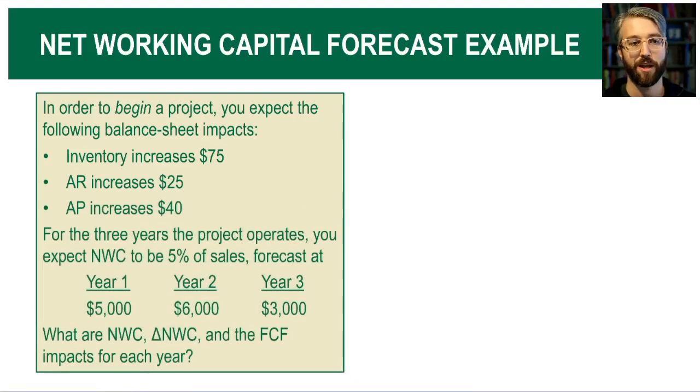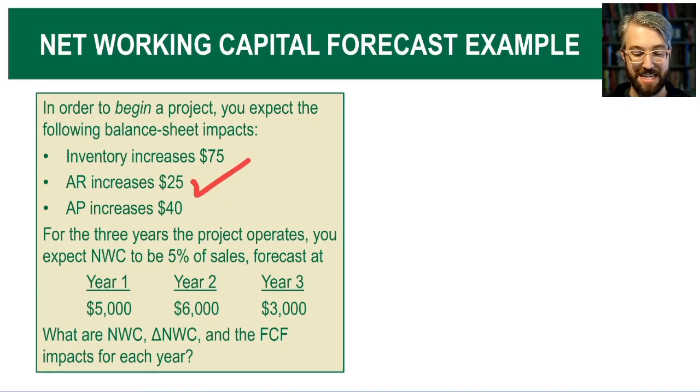So a quick example on that one. Suppose, for example, that a firm is considering launching a project that's likely to have the following balance sheet impacts at the project level. In order to get started at time zero, the firm expects to build up 75, let's say these are in thousands of dollars, of inventory.